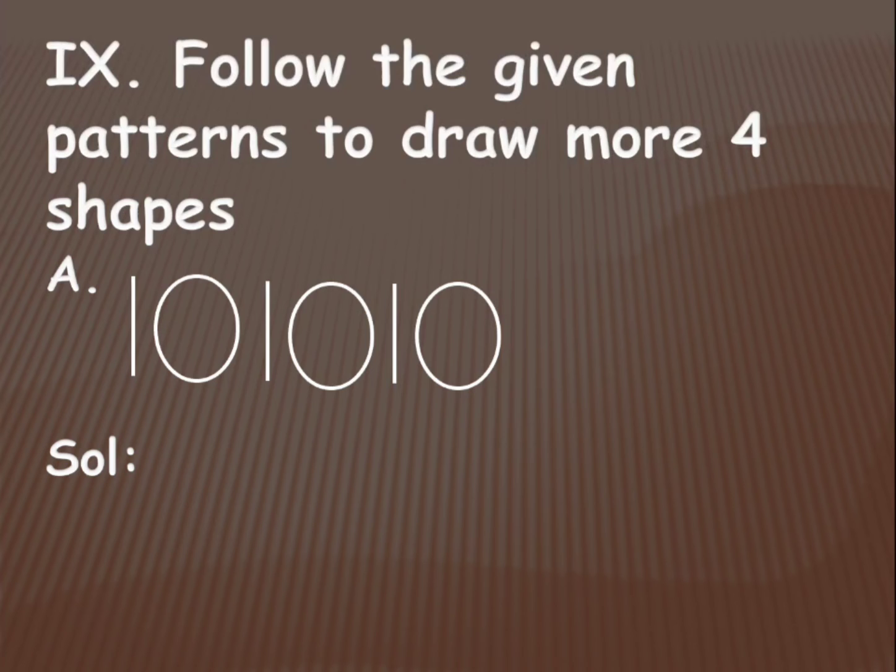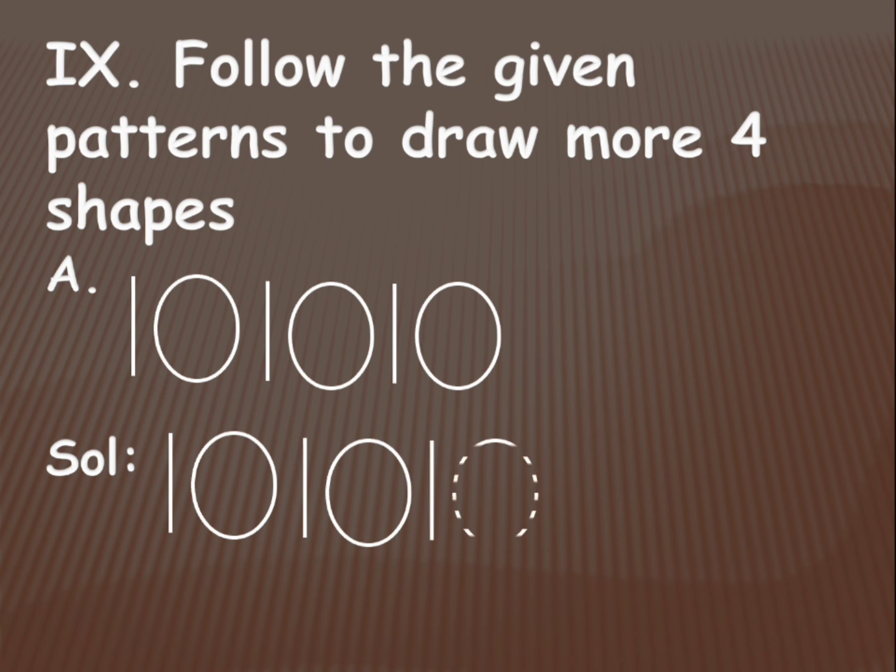We have to draw the same pattern. We need to copy the same pattern from the question, and then we have to draw four more. So standing line, circle, standing line, circle, standing line, circle. Till here the question is finished. Now we have to draw the four more. After circle you will get standing line, so you will write standing line.